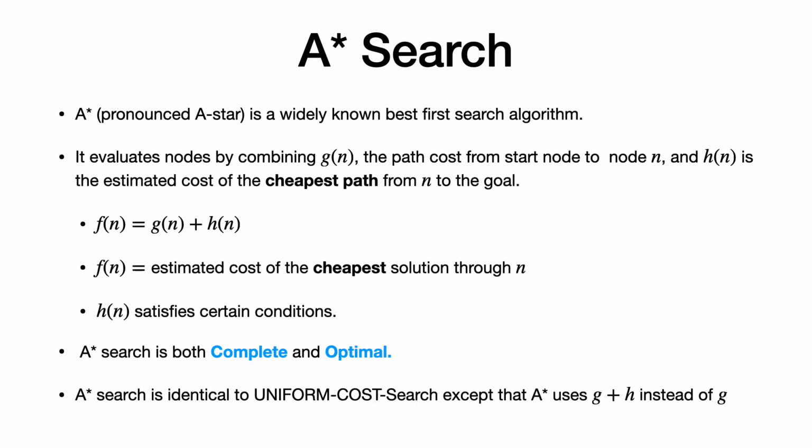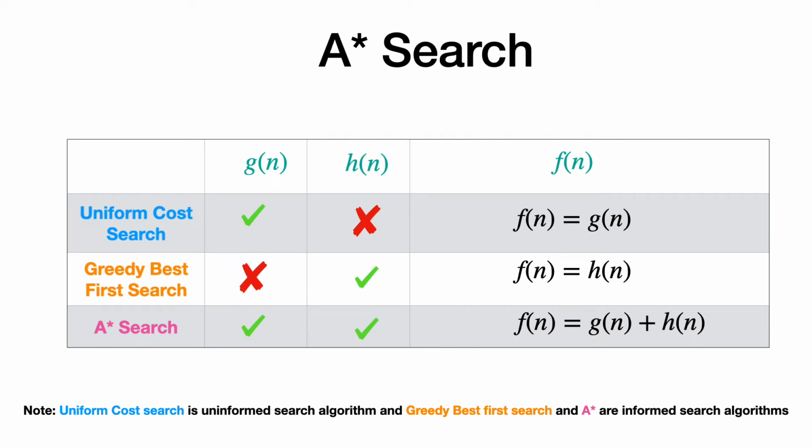Here we can make a comparison of how A-star, uniform cost search and greedy best first search algorithm differ. So let us see that. As we can see here, uniform cost search has the evaluation function f of n directly equal to g of n, whereas in the greedy best first search we don't have g of n, we only have the heuristic function, which is an estimate of the cost from node n to the goal node, and we have A-star search algorithm which has both g of n and h of n.